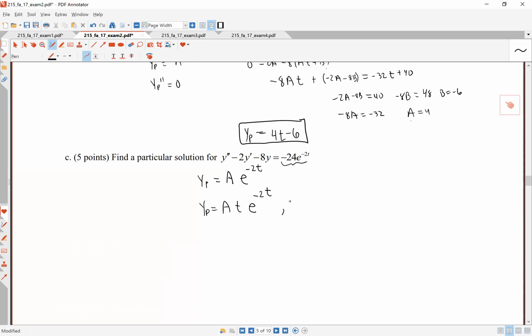And so now yp prime is a e to the negative 2t minus 2a t e to the negative 2t.